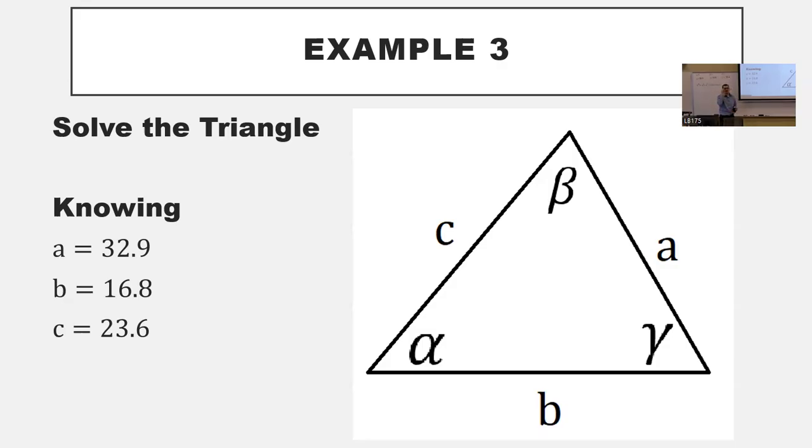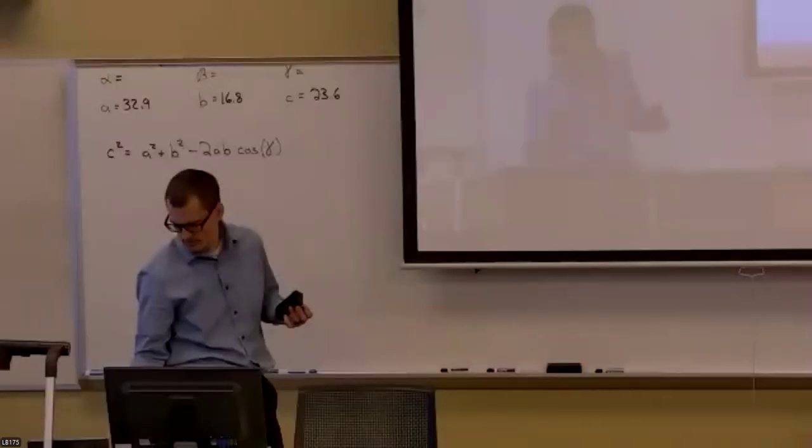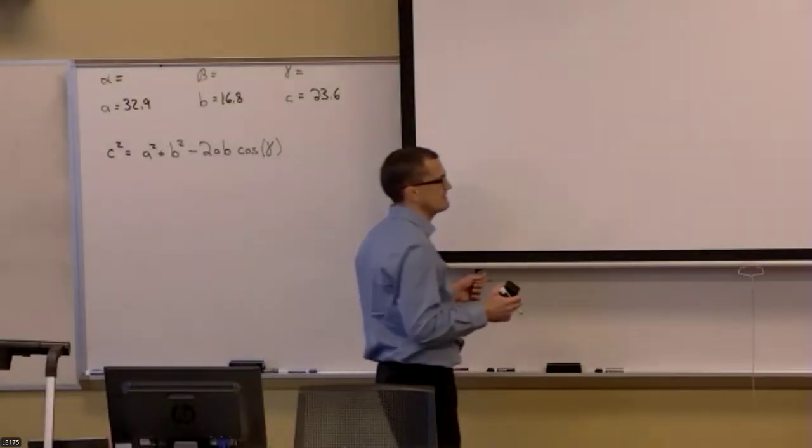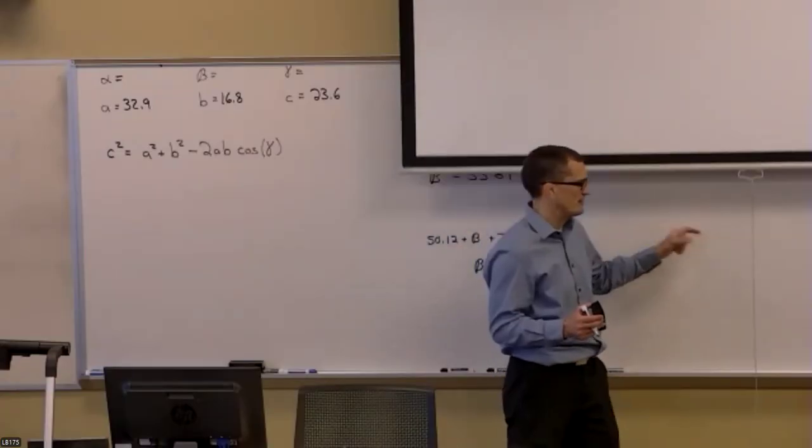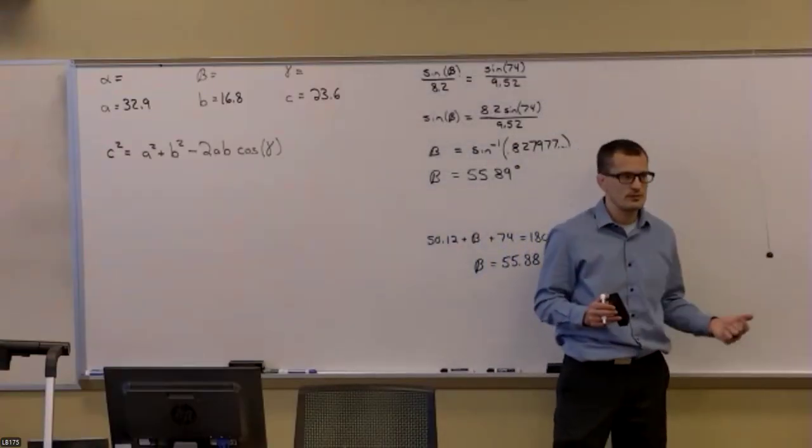So I'm given 3 side lengths, no angles. Once again, if you think about how this has to work, we have to have a triangle with these measurements. There is a triangle out there that is going to work, and there's only one triangle that will work. The only time you get two is in that scenario we worked out earlier.